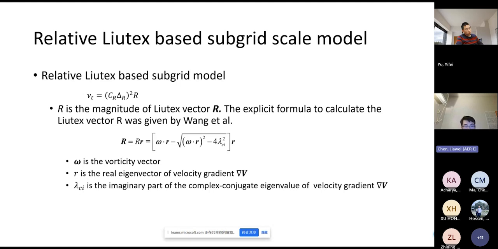First, omega is the vorticity vector, R is the real eigenvector of the velocity gradient, and lambda Ci is the imaginary part of the complex conjugate eigenvalue of the velocity gradient. This formula captures the rigid rotation component of fluid motion more accurately than previous approaches.